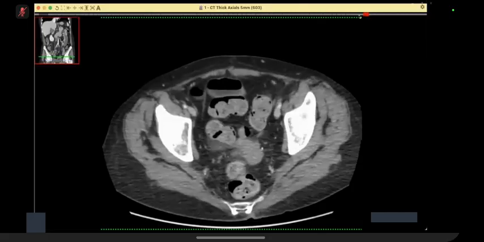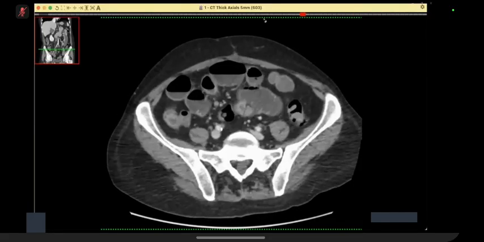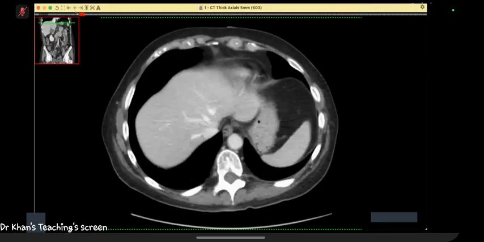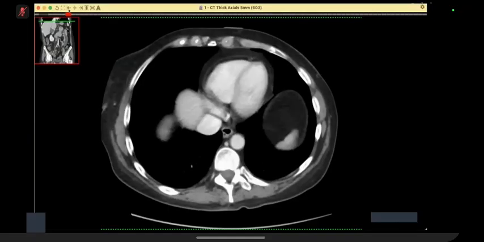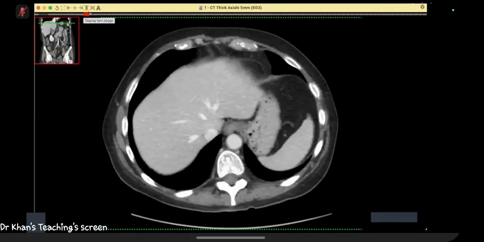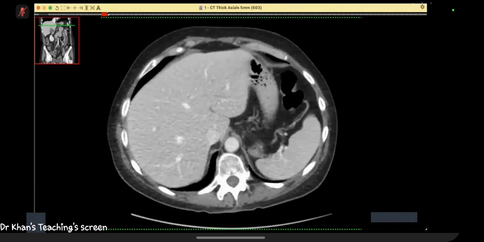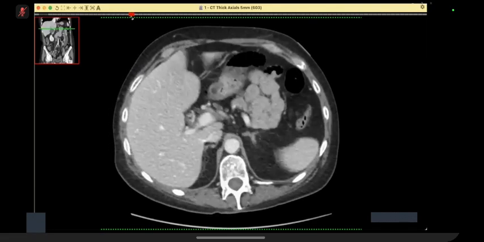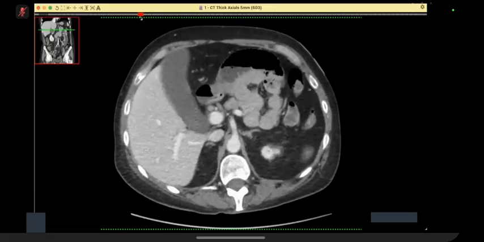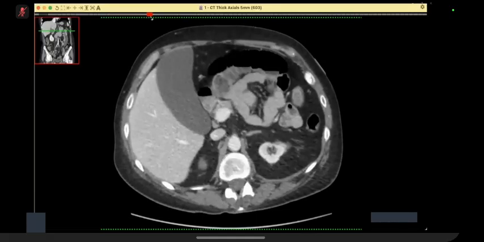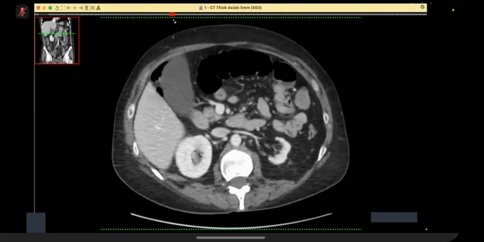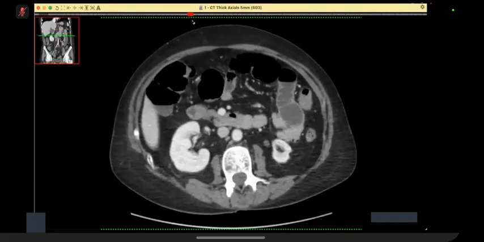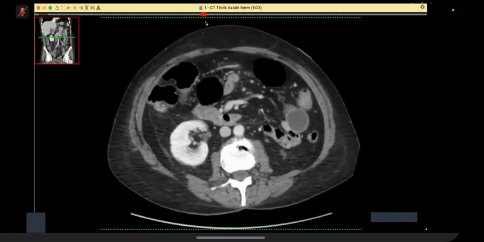Sure, doctor. So I'll start to trace from the stomach. Here is the stomach, the duodenum. Now I can see the jejunal loops.